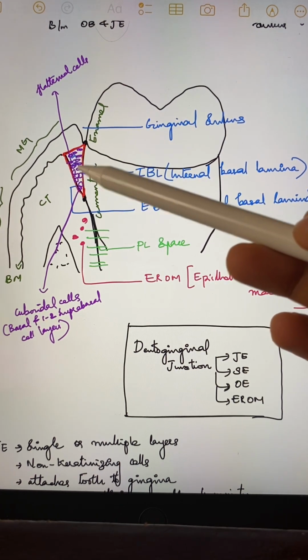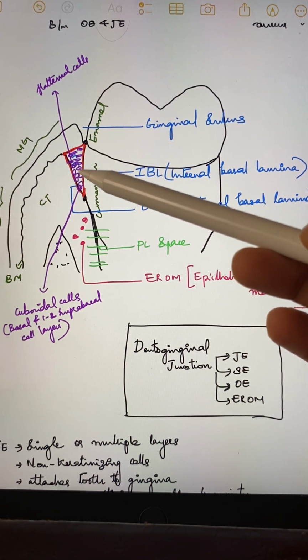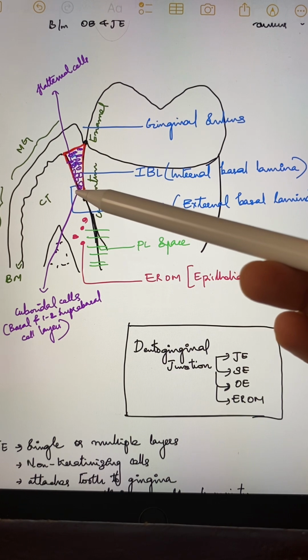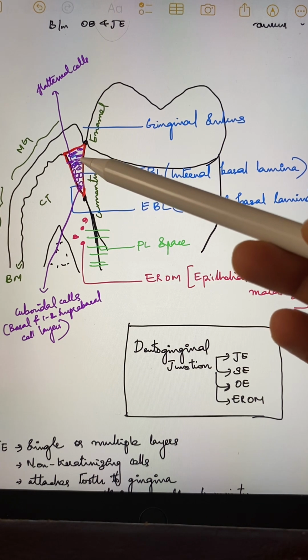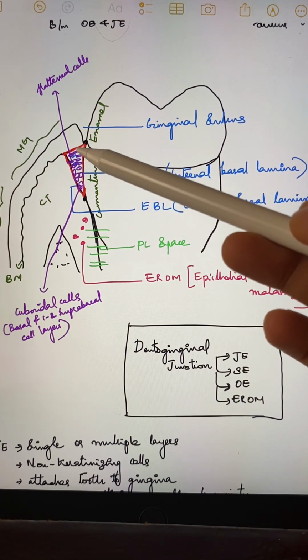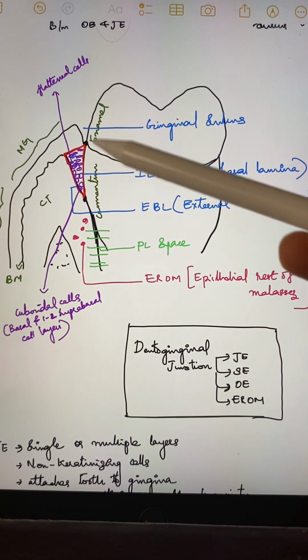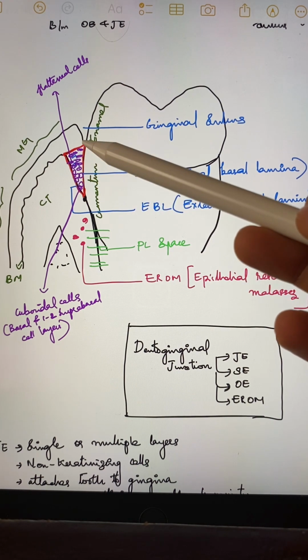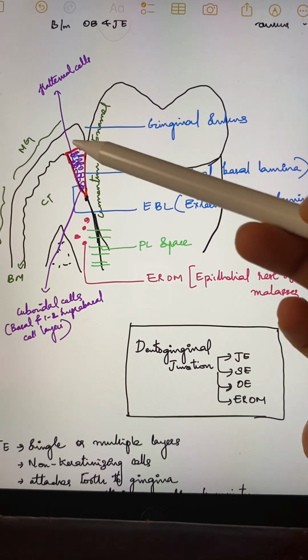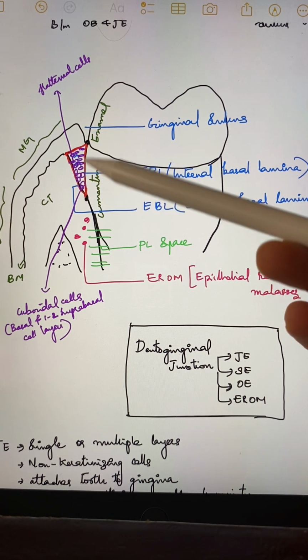These are the cells inside the junctional epithelium. In the basal layer and 1 to 2 suprabasal layers, the cells are more cuboidal, and as we go up you can see flattened cells. There are a lot of specialities for the cells of the junctional epithelium. The cells attached to the tooth, on this side, are known as DAT cells.